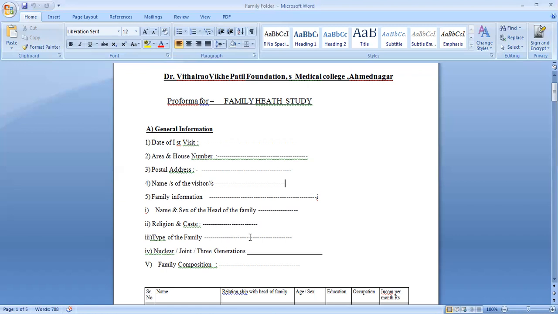Then there may be an extended joint family or three generation family, in which people of three generations, that is the father, his wife, then son, his wife, and the children of that progeny are there. So representatives of three generations are there. That is called a three generation family. Accordingly, you have to write nuclear, joint, or three generation family.